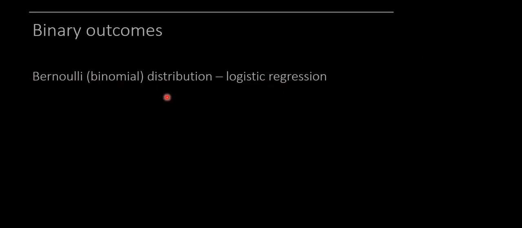Again, in the stats world, unfortunately, terminology can be a bit of a headache. The reason I've got binomial in brackets here is that often you might see the distribution for a binary outcome referred to as the binomial distribution. So in R, when you specify a GLM for a binary outcome, when you're setting up a logistic regression model, you tell it that the family, the probability distribution, is binomial.